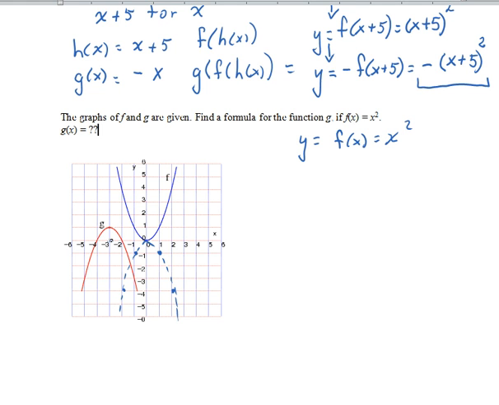When we move it 3 to the left, the vertex would be at -3, 0. We'd have it going through -4, -1, -2, -1, and -1, -4, as well as -5, -4.